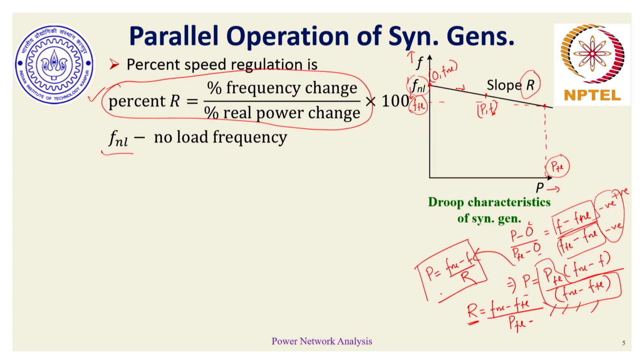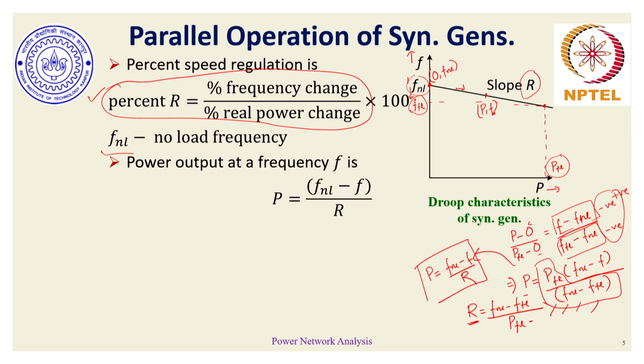This simple equation is the basic equation for the droop characteristic determined or governed by the speed governor, which is essentially what is also mentioned over here.